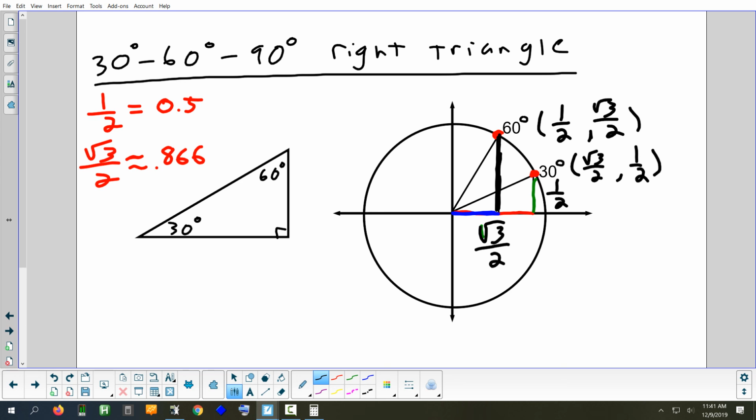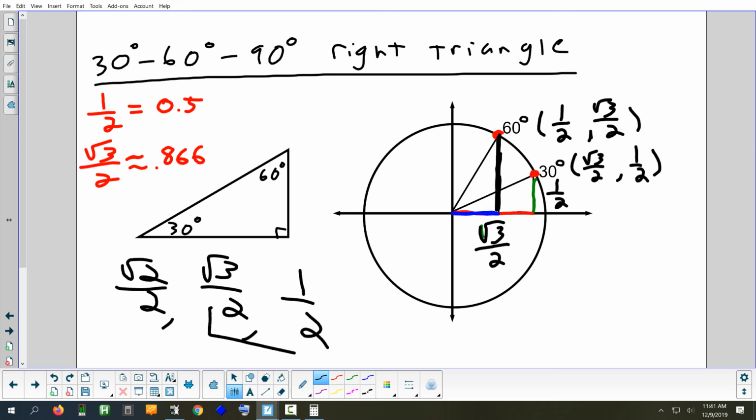So for unit circle trig, in this section, there's 3 numbers you got to remember. You got to remember square root 2 over 2, which has to do with 45-degree angles. Square root 3 over 2 and 1/2. Those two always go together, and they have to do with 30-degree angles.